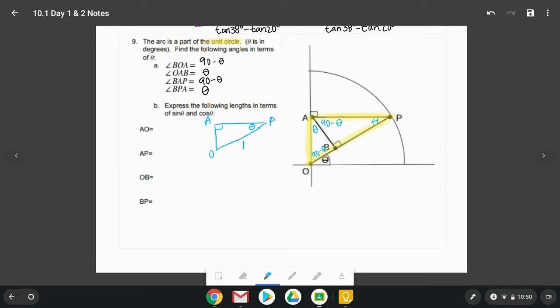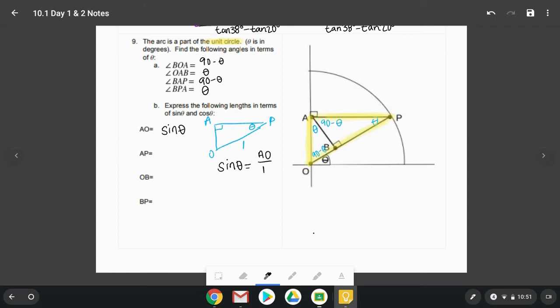Now that I know that that has a length of 1, if I'm looking for AO, well, I can simply set up that sine of theta is equal to my opposite, AO, over the hypotenuse, OP, which I know to be just 1. So I know already that AO is just simply sine theta.